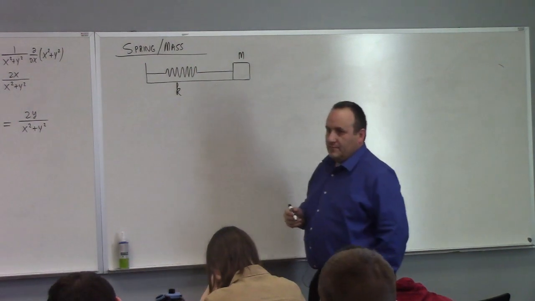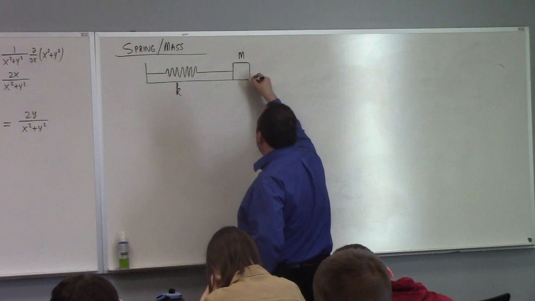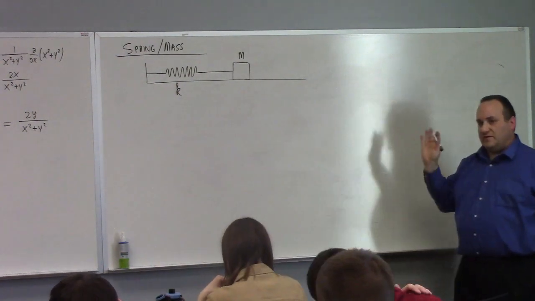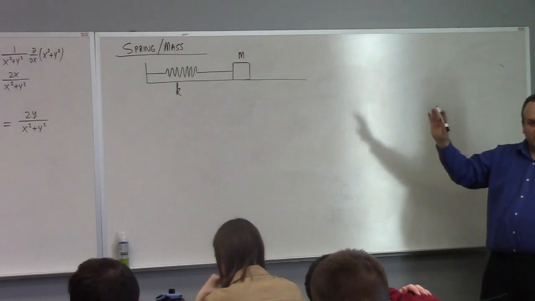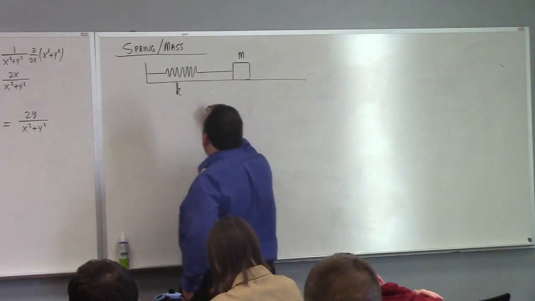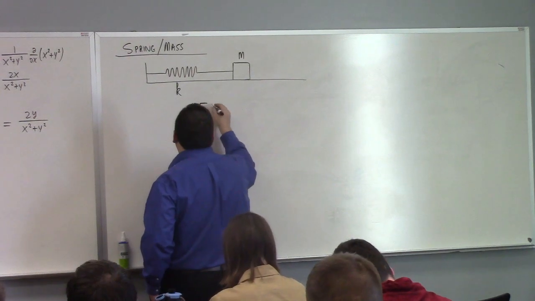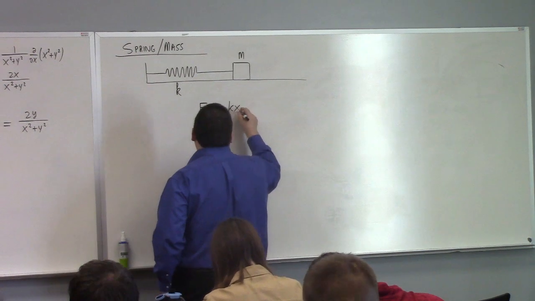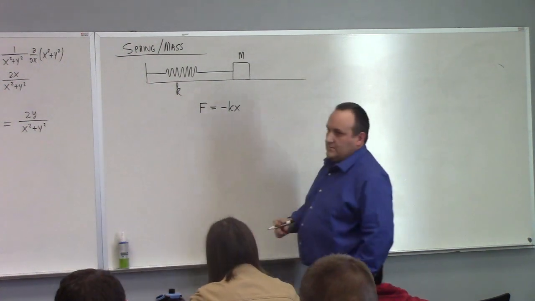To keep things simple, no friction. It's just going back and forth. And Hooke's law tells us that the spring force is equal to minus kx. This is Hooke's law.